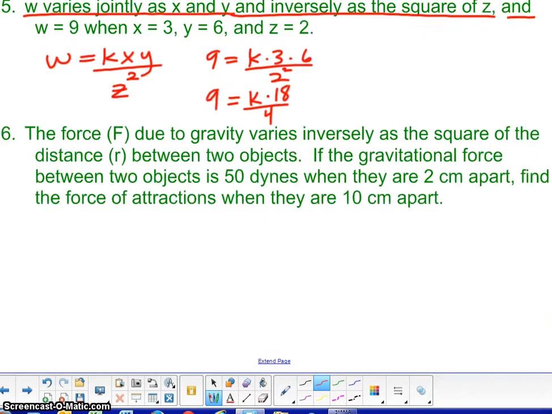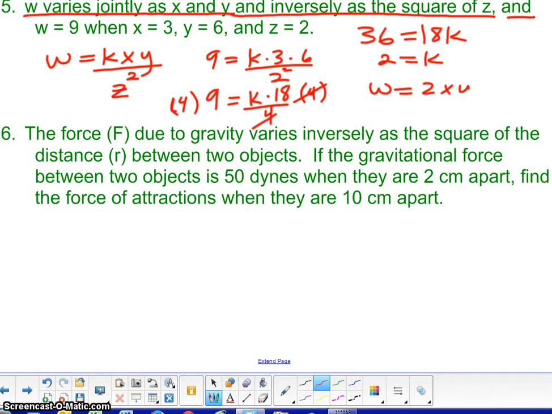And if I multiply both sides by 4, I end up with 36 equals, those cancel now, 18 times k, and k is going to equal 2. Okay, so an equation of variation would be w equals 2xy over z squared for the final answer.